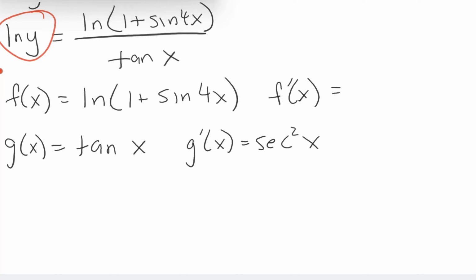This one, we kind of have to do the chain rule. So the derivative of 1 plus sine 4x is 4 cosine 4x. And the derivative of ln of it is just 1 over whatever was inside, so 1 plus sine 4x.